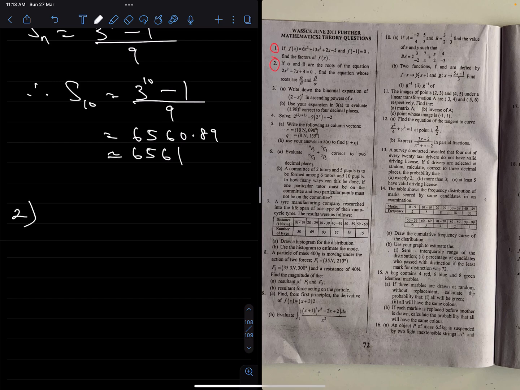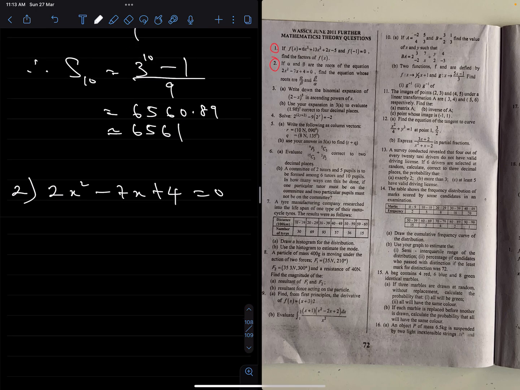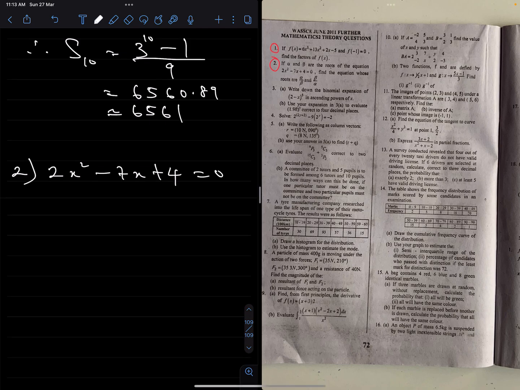If alpha and beta are the roots of the equation 2x squared minus 7x plus 4 equals 0, find the equation whose roots are alpha over beta and beta over alpha. First of all, let's find alpha plus beta from this.